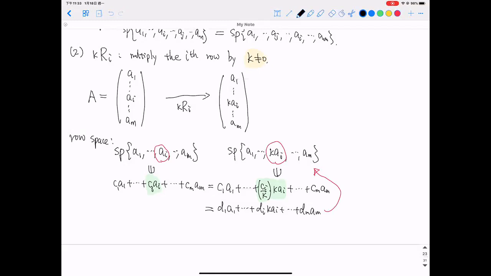Now you can do the following. Over here, I can combine di and k. That'll give me the following expression. Instead of di times kAi, I have dik times Ai.